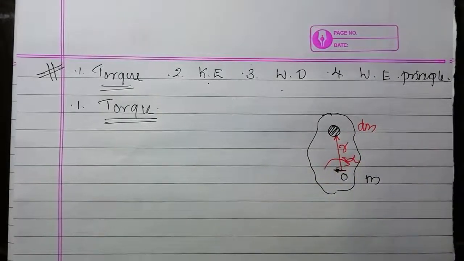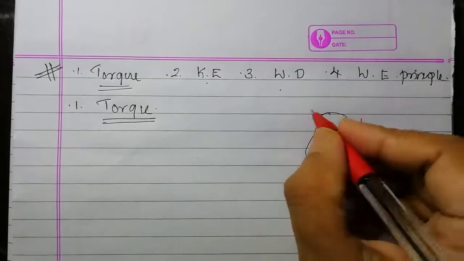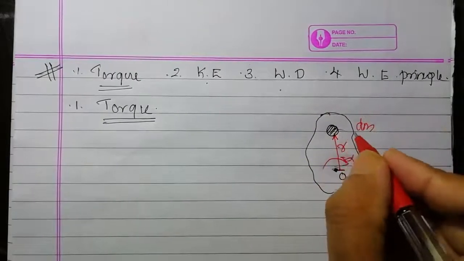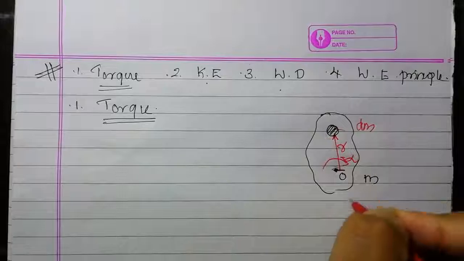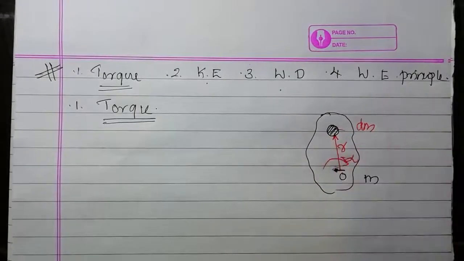Since the body is having rotational motion, this small element will trace a circular path.